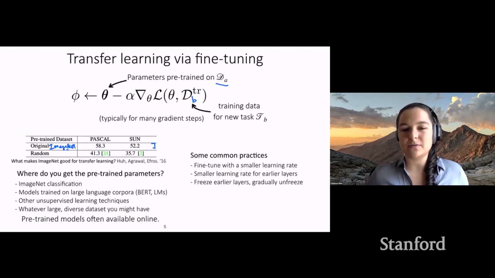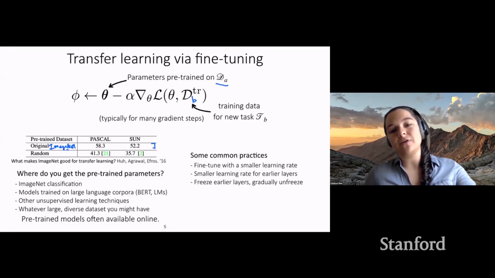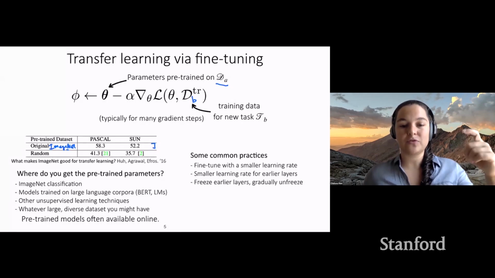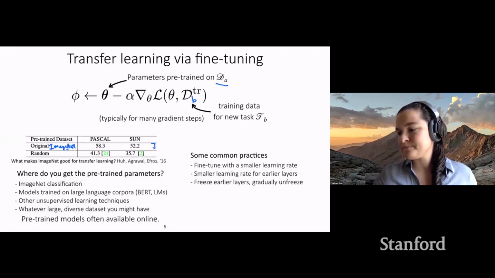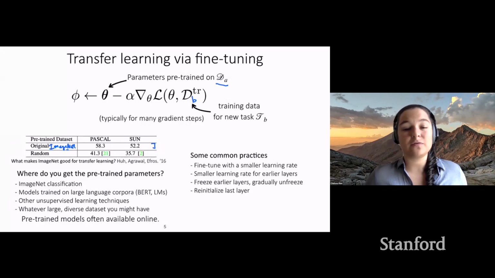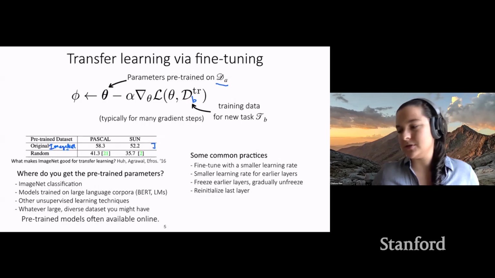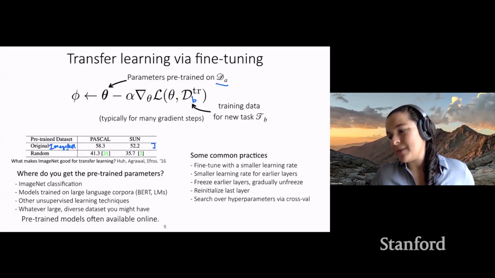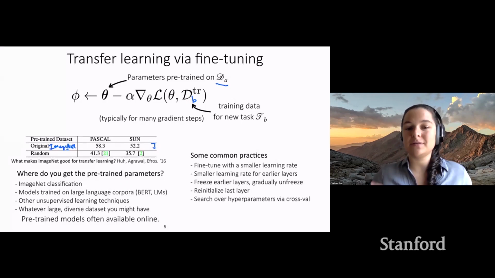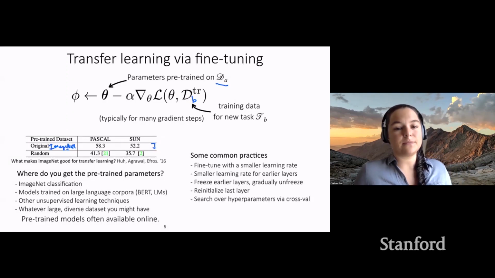It's also common to freeze earlier layers, setting their learning rate to 0, and then gradually unfreeze them until you train the later parts of the network effectively. Sometimes you also reinitialize the last layer if you want it to learn and adapt quickly to your new task. And in all of these cases, you can search over these various design choices and hyperparameters with cross-validation on your downstream target task.